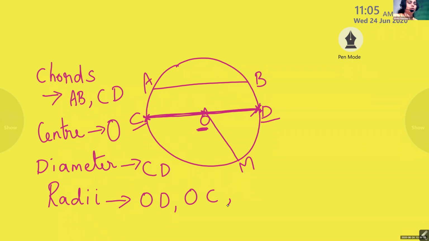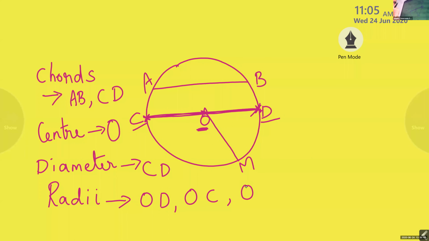Can you find out more radii? Yes, Ashwin. Starting from the center. Yes, O.